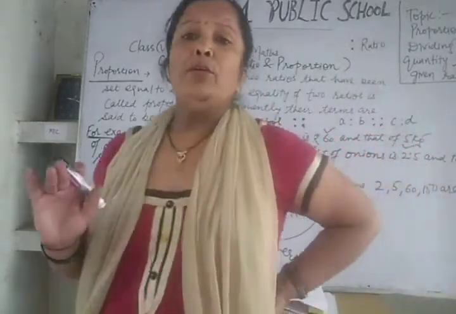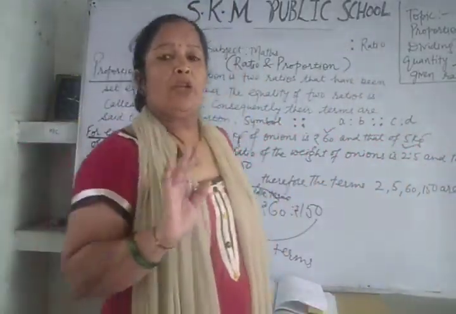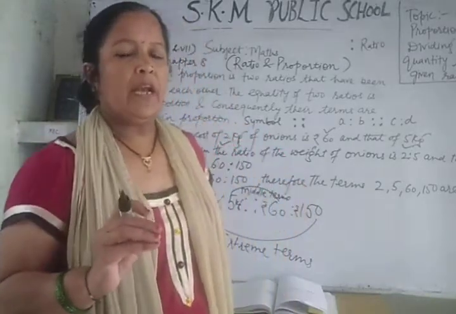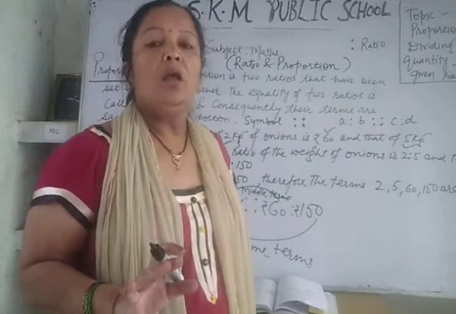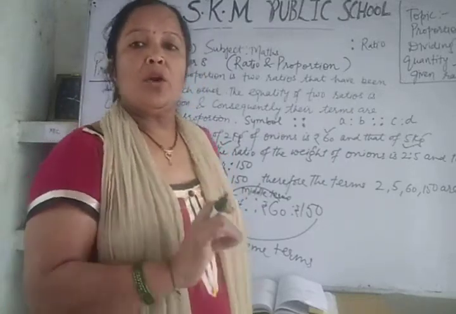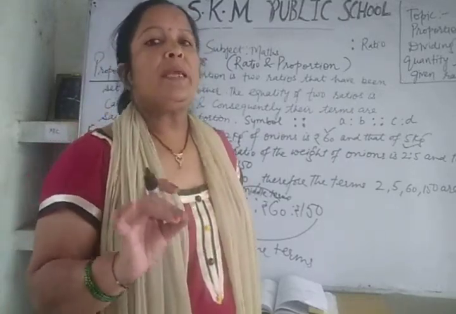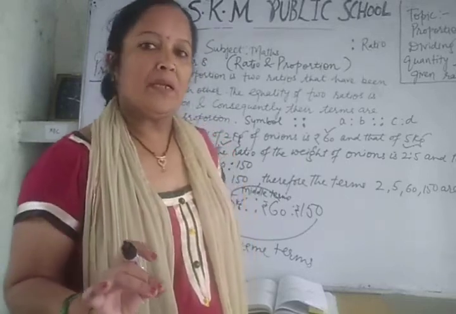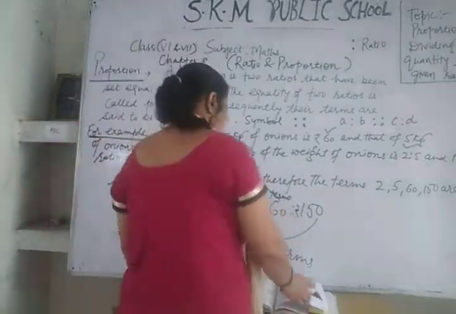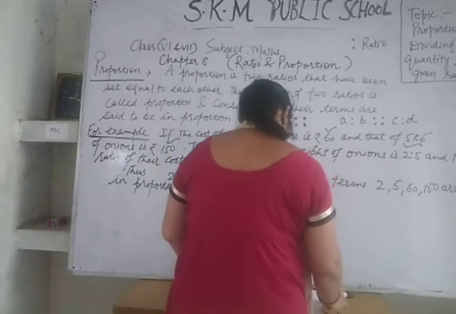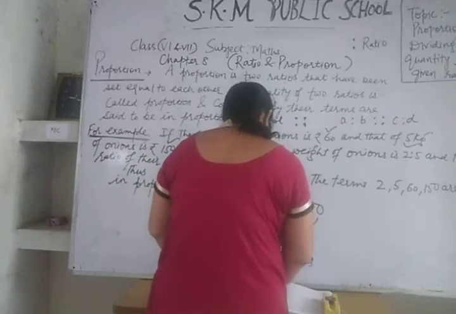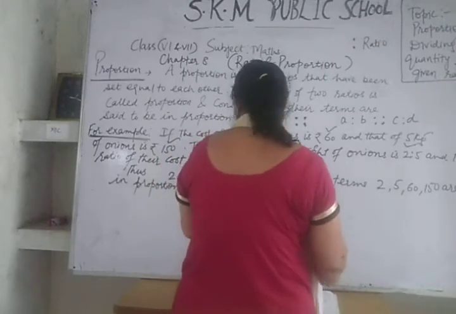Whenever you are given 2 sets of ratios or 4 terms, and you are asked to determine if they are in proportion or not, the product of the extreme terms will be equal to the product of the middle terms. How will you write this as a formula?